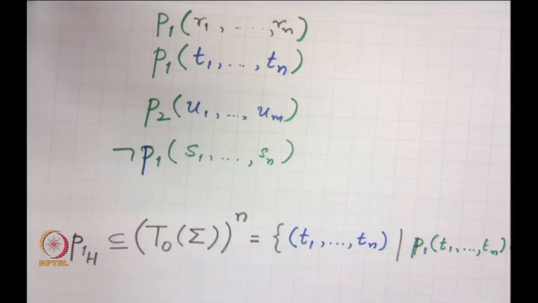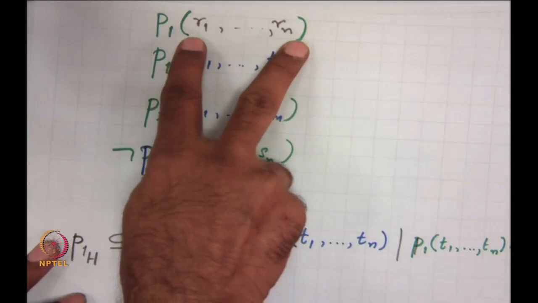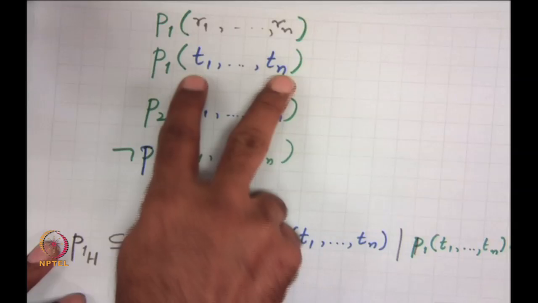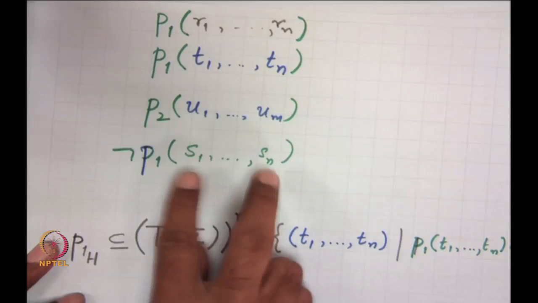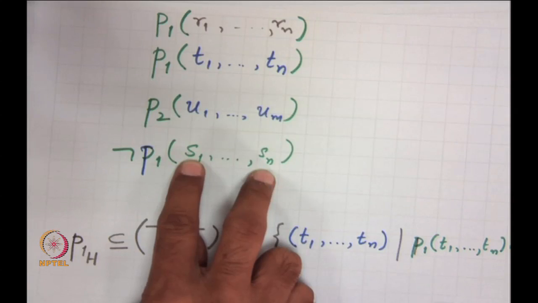So, essentially what we are saying is that our interpretation of P1 will contain these two tuples R1 to Rn and T1 to Tn, but it is not going to contain the tuple S1 to Sn, right. That is important to realize.